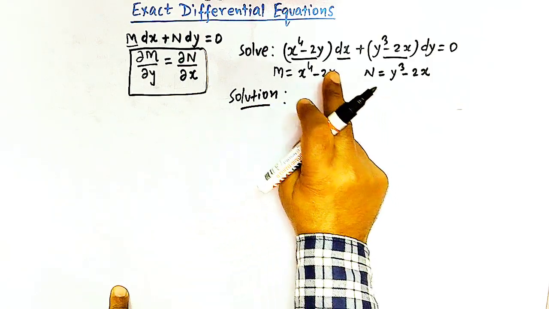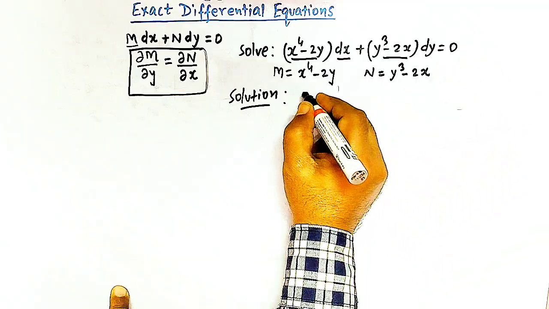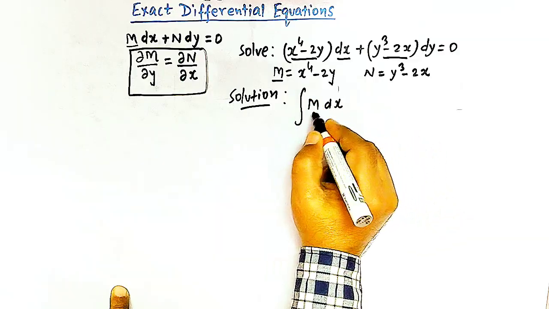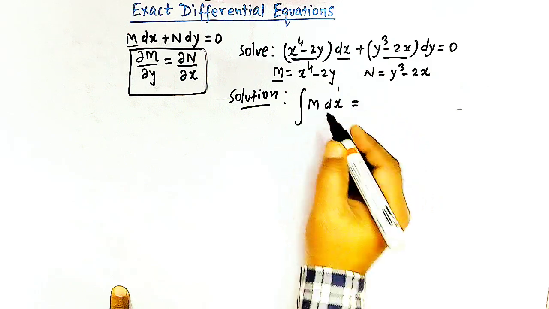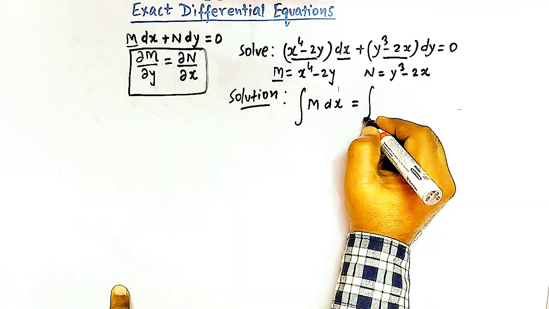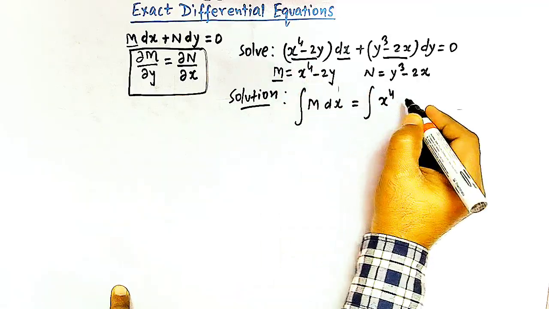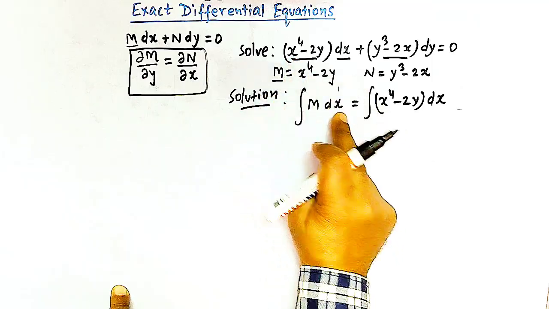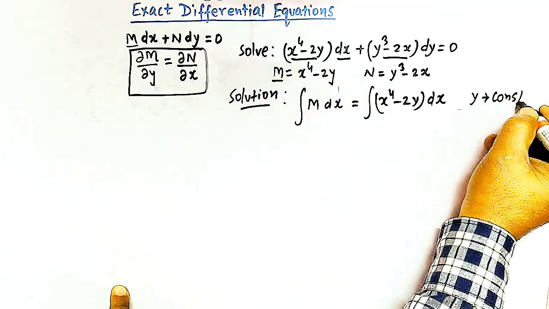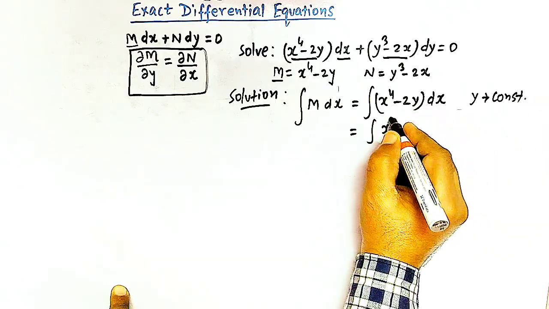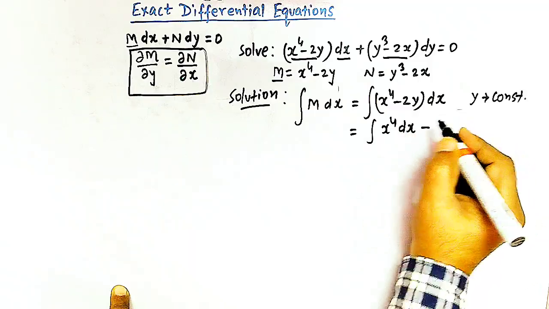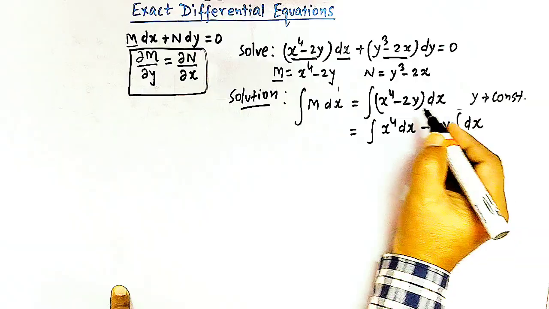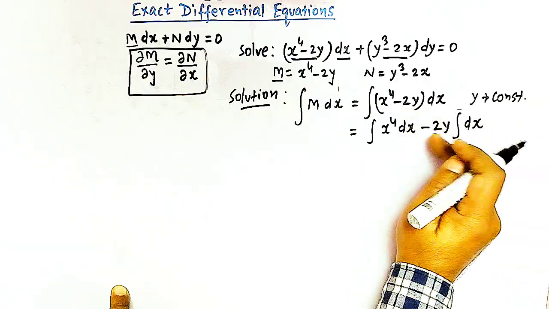The first step is to integrate M with respect to x, keeping y as a constant. So we have the integral of x to the power 4 minus 2y dx. Integrating with respect to x, we keep y constant, so we have the integral of x to the power 4 dx, then minus 2y times the integral of dx, because we are keeping y constant, so we can take 2y outside the integral.